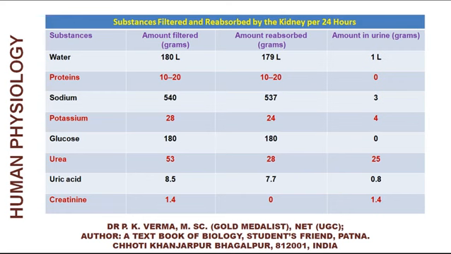Uric acid, however, is mostly reabsorbed and only 0.8 gram out of a total 8.5 gram uric acid is excreted. Creatinine is not filtered through the glomerulus, but it is present in the same amount as in the blood plasma. It is released into the renal tubule by active secretion.